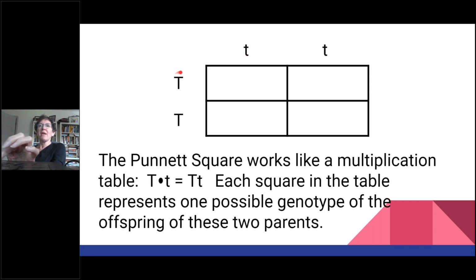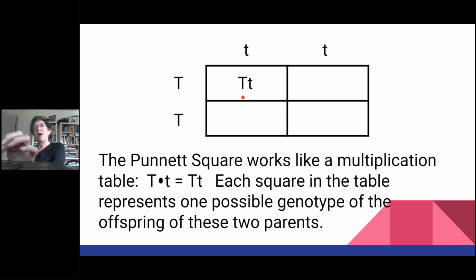This parent has two capital T's, two genes for straight thumb, that is going to split, and one of those is going to go to the child. So that child's genotype will look like this: capital T, lowercase t. It works like a multiplication table. Capital T times lowercase t equals capital T, lowercase t right there.